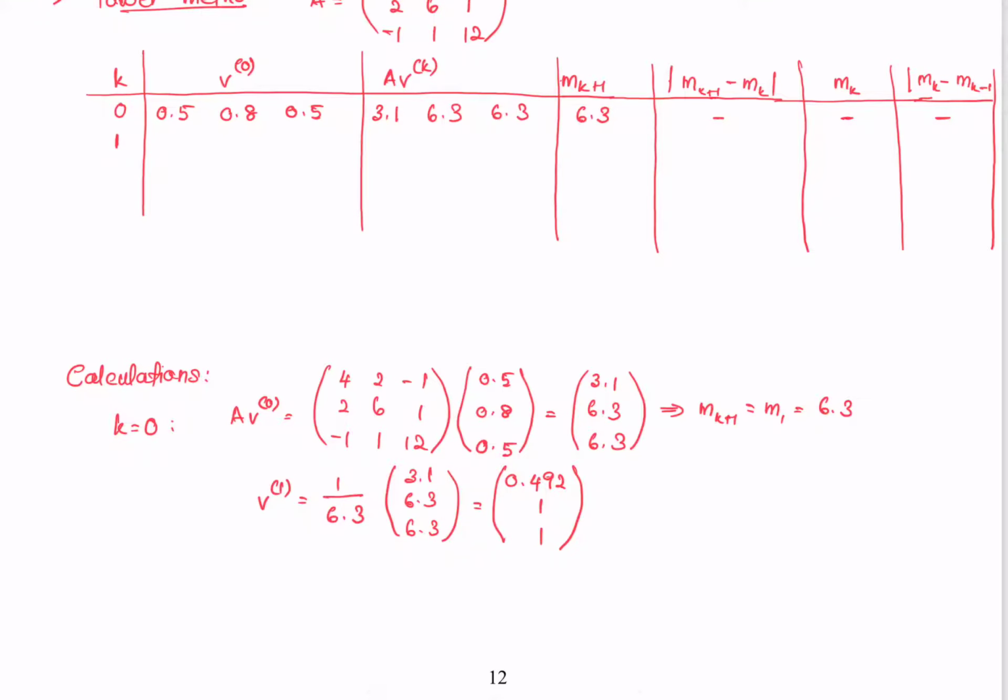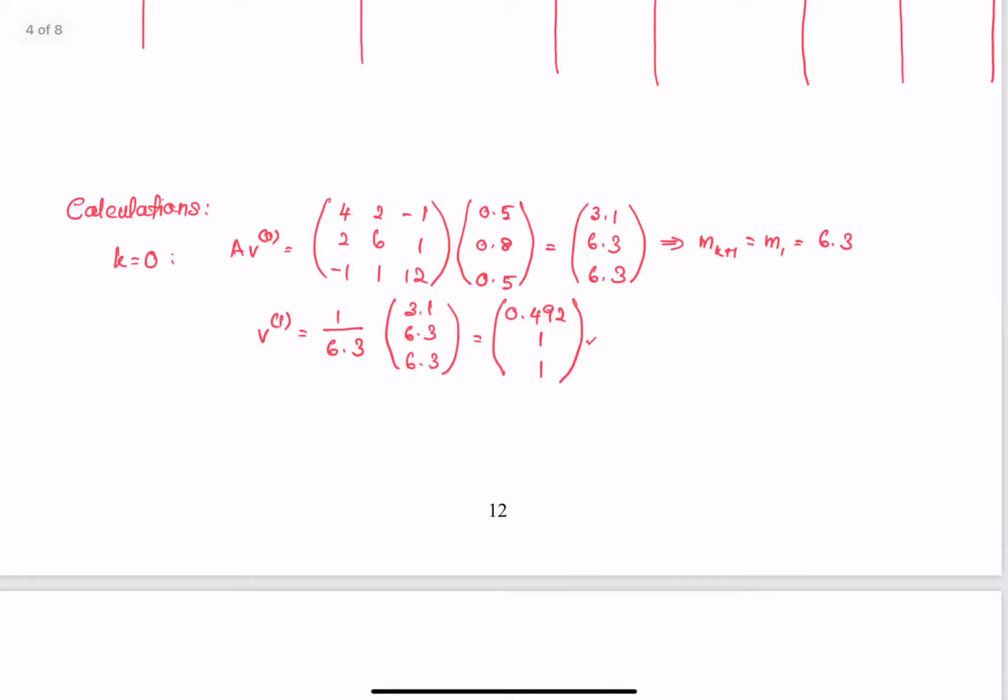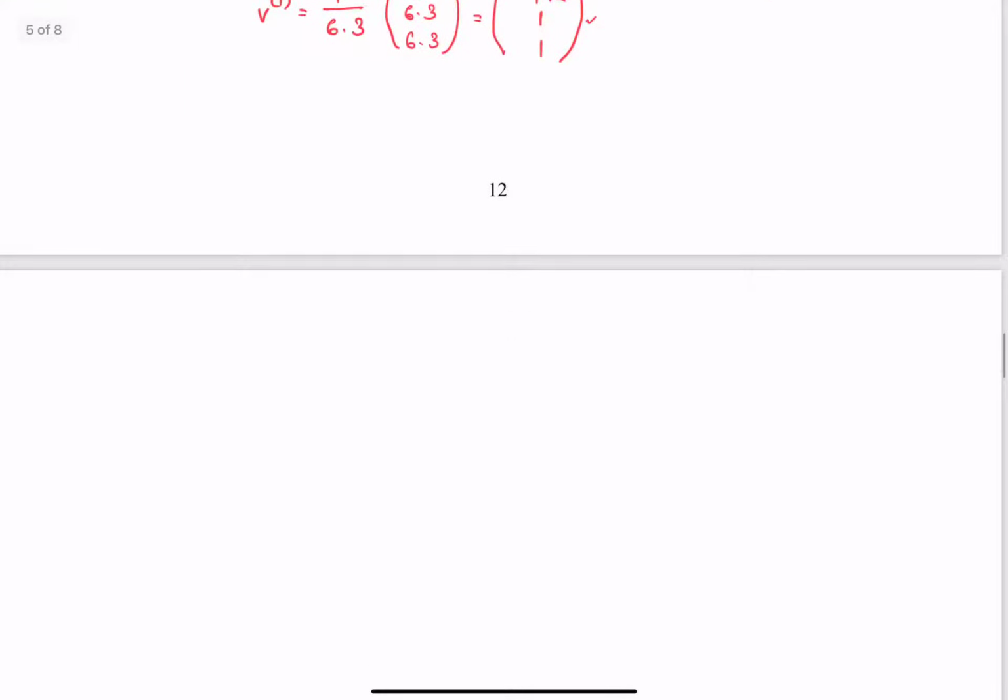Okay, and now for K equal to 1, we know that our V1 is 0.49211, and then we need to calculate AV1.